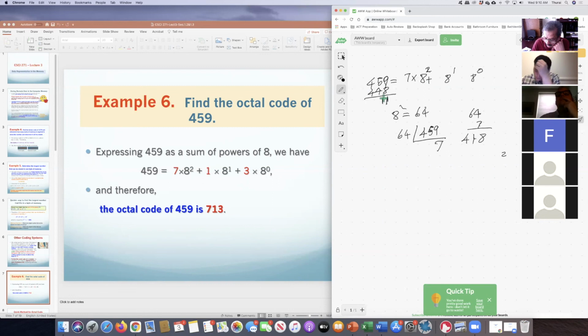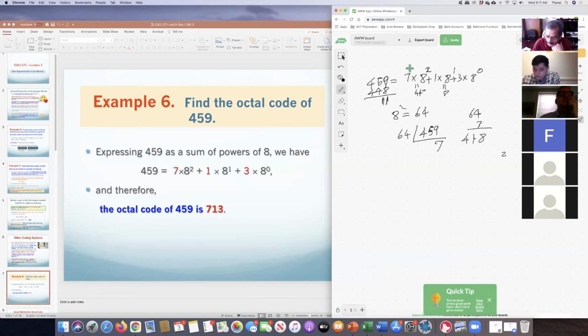We have 11 left. So therefore, you put 1 in front of this because 1 times 8 to the 1 can be included. This is equal to 448. And this is equal to 8. So 456. And there are 3 left after that. So you put 3 in front of 8 to the 0. 8 to the 0 is 1. So therefore, this expression now adds up to 459.